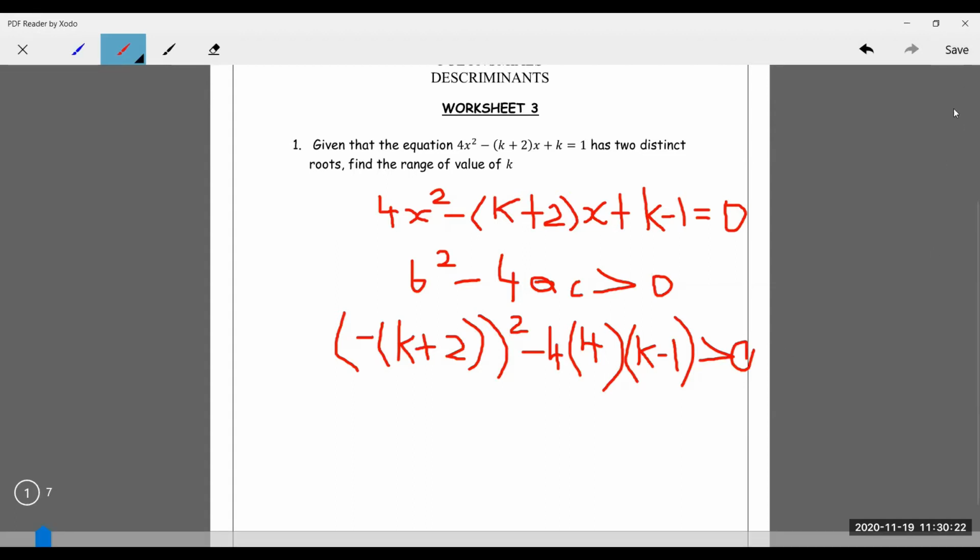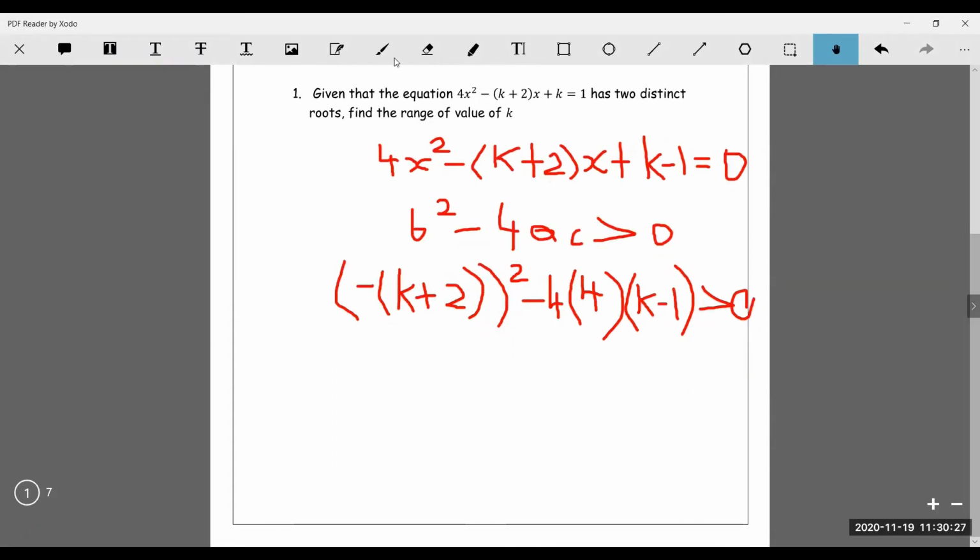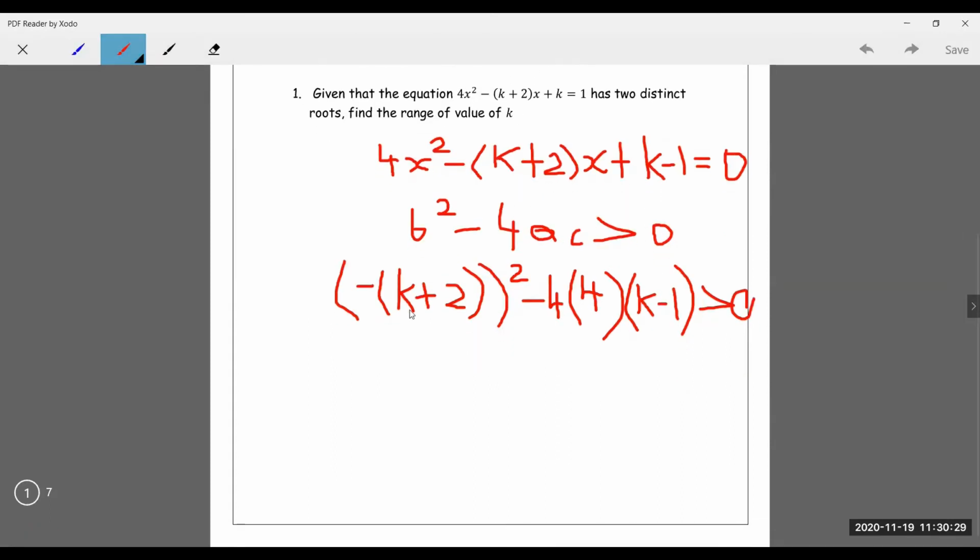So let's simplify and work this out. In working this out, what we're going to notice is that when we square this, we're getting k squared, then plus 4k plus 4. Now, you might wonder where all the negatives went.